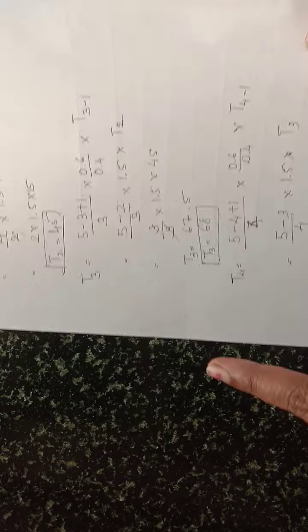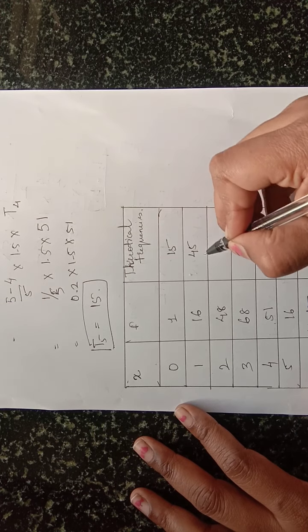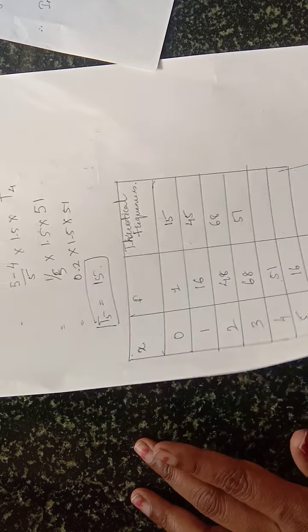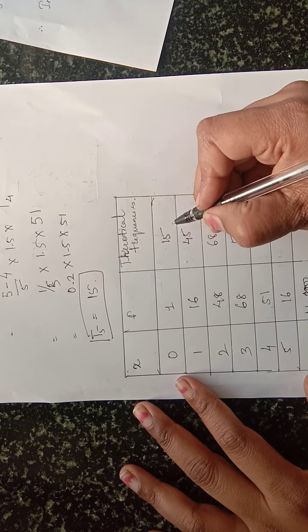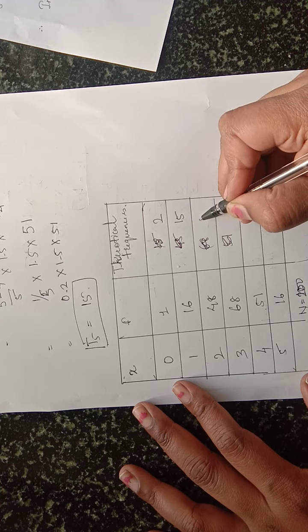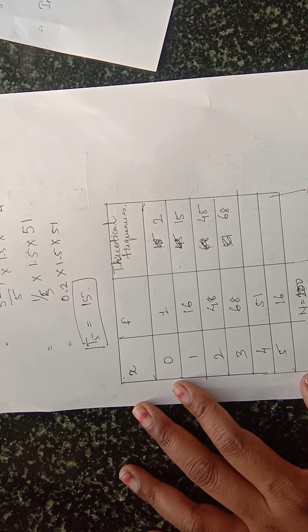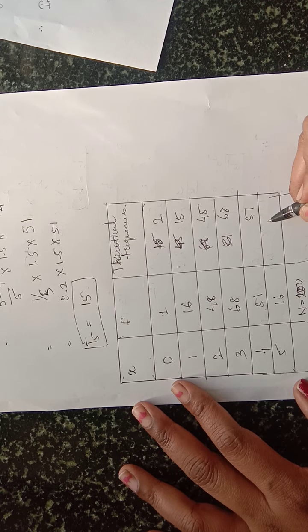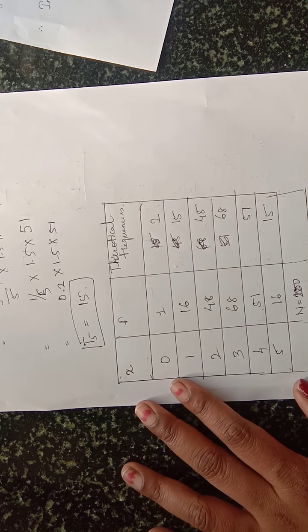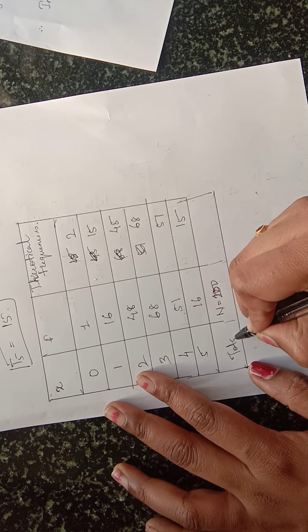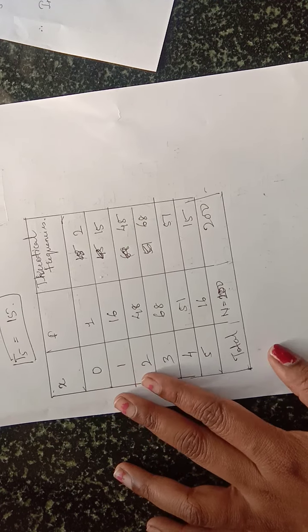Sorry, T0 answer we need, no? First T0 is 2. T1 is 15. T2 is 45. T3 is 68. T4 is 51. And T5 is 15. So the total of this you will get is 200 only. It should be the same.